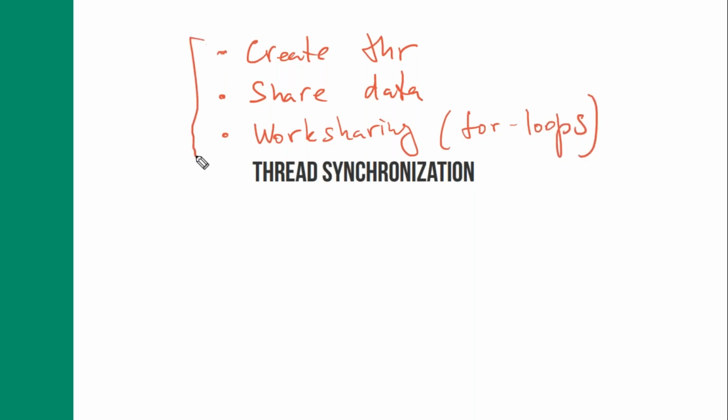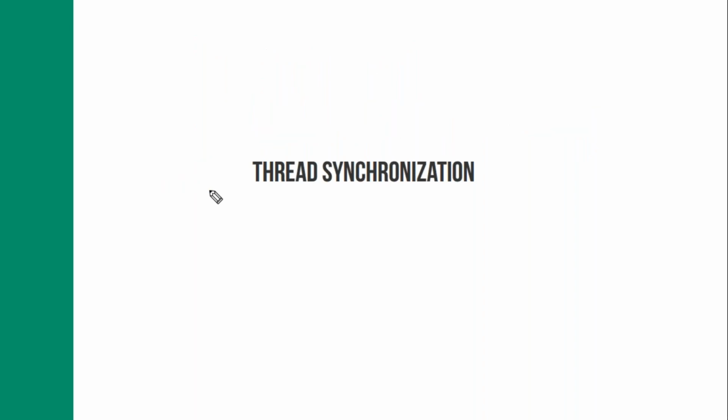So we learned how to go as parallel as we can. But the difficult part of parallel programming begins when you need to control correctness in your highly parallel program. And this is where you need to invoke thread synchronization. We will talk about it next.